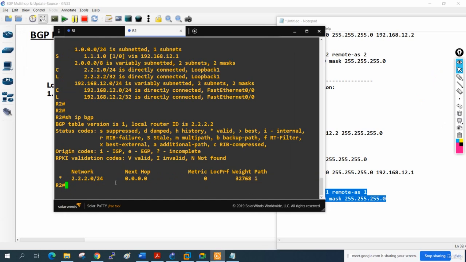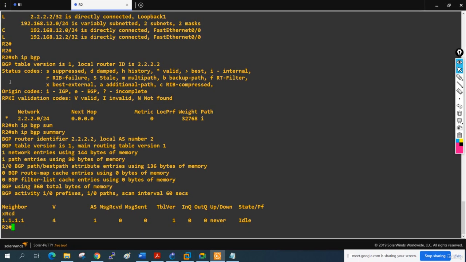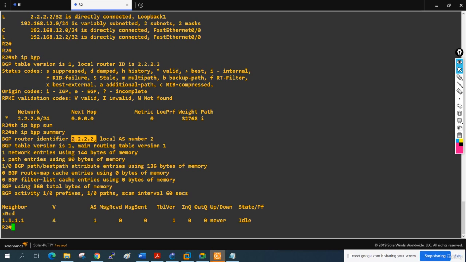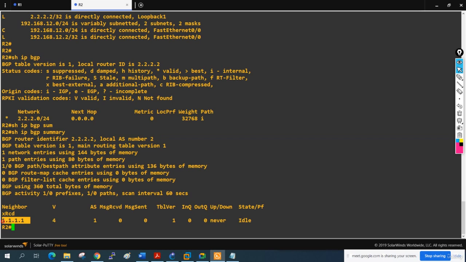Okay, if you check show IP BGP summary, let me make this big. I wrote this show IP BGP summary. So this is our router ID, this is our AS number 1, and this is the 1.1.1.1 I am getting.